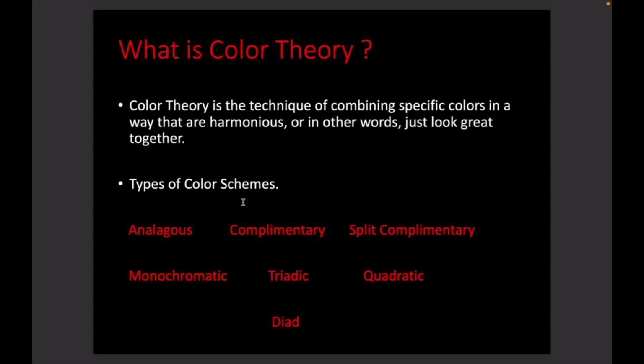So they made a color wheel, and they decided on some color theories and color schemes: whenever these tones come together, they always look interesting. These are the color theories basically: analogous, complementary, split complementary, monochromatic, triadic, quadratic, and diode.